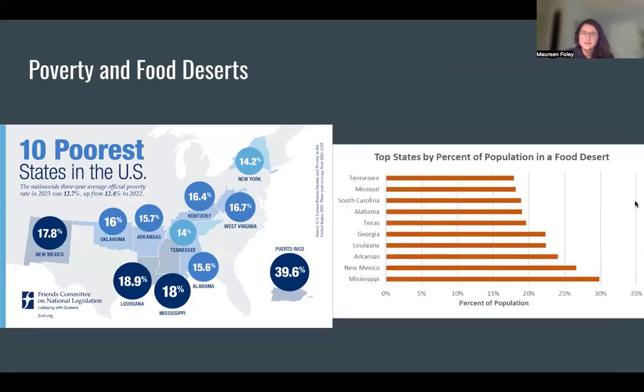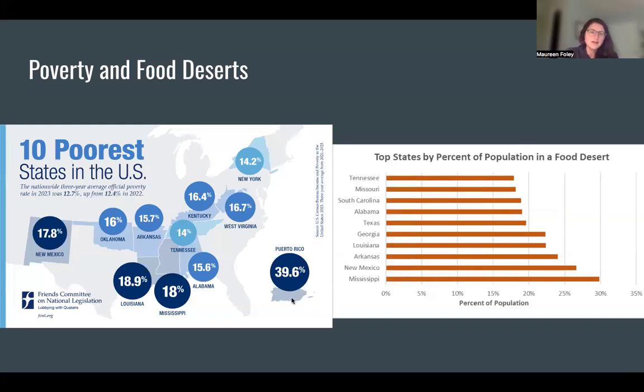So if we look at these two charts, this one on the right shows us the percentage of the population in various states that live in a food desert. So you can see Mississippi, we've got almost 30% of the population living without access to nutritious and affordable foods.